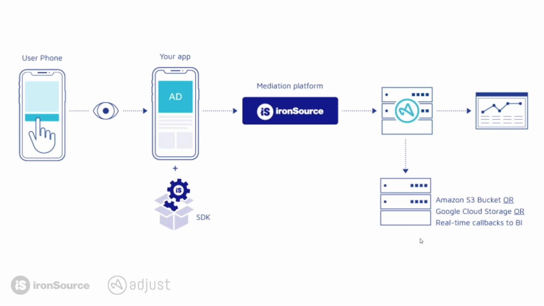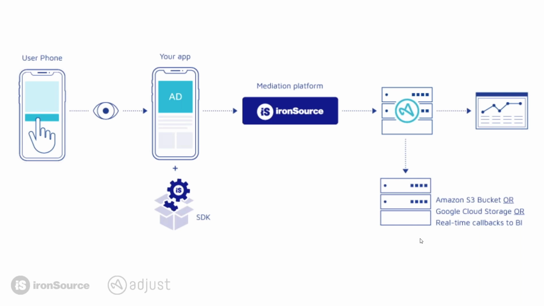So now we know about some of the benefits and what marketers can do with this user-level ad revenue, and let's take a quick look now at how it works with the slide right here. So we're going to start right at the beginning on a user's phone. The user opens the app and an ad is requested. As the mediation platform, ironSource will serve a network's ad which best fits the publisher's criteria.